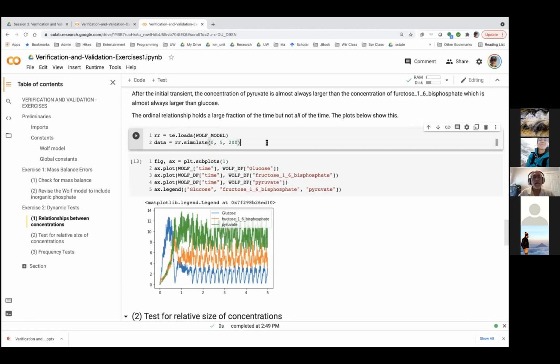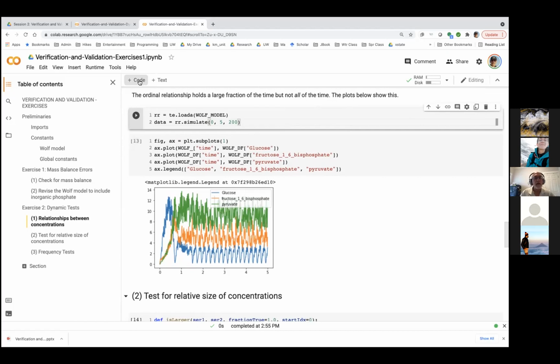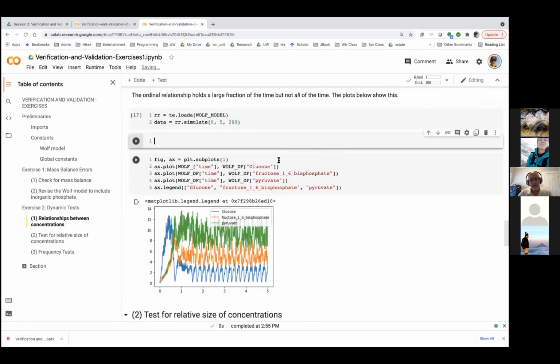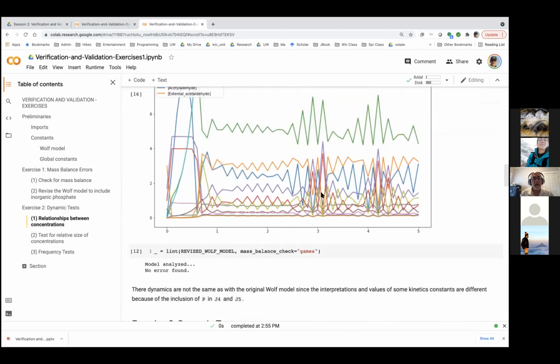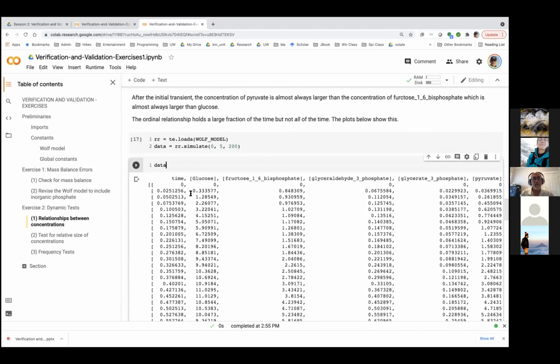Actually, let me use this as an opportunity to create a data frame too. Let's do both at once. Let's take a look at what we've got here. Let's look at what data is. Remember, data is this thing called a named array, and a named array has column names.